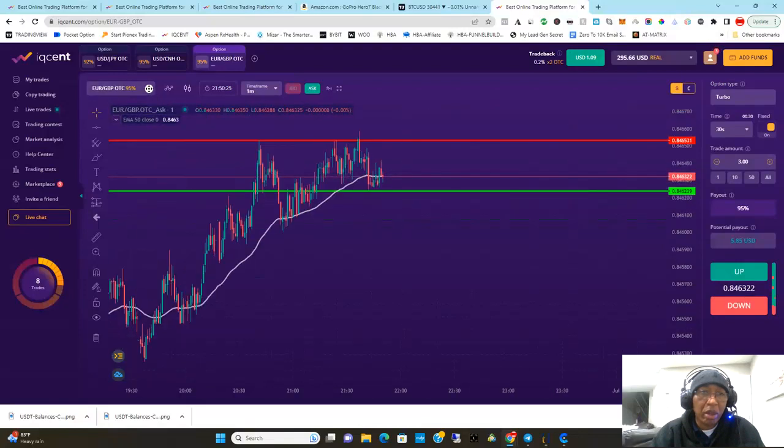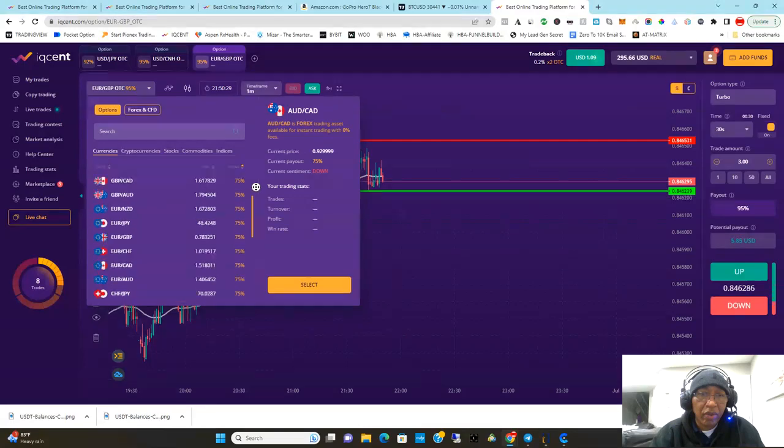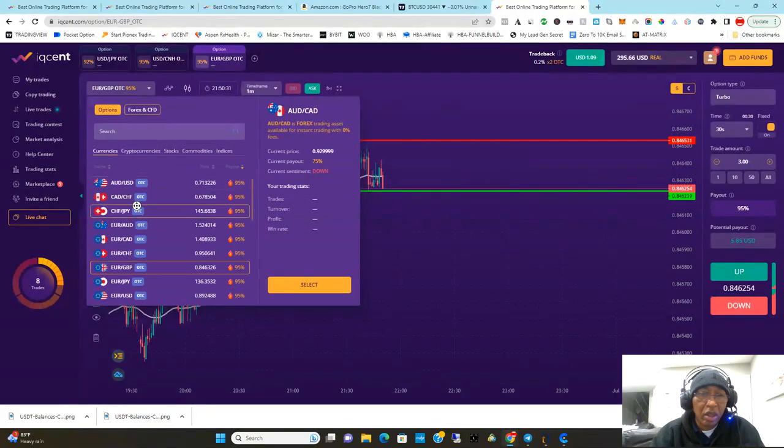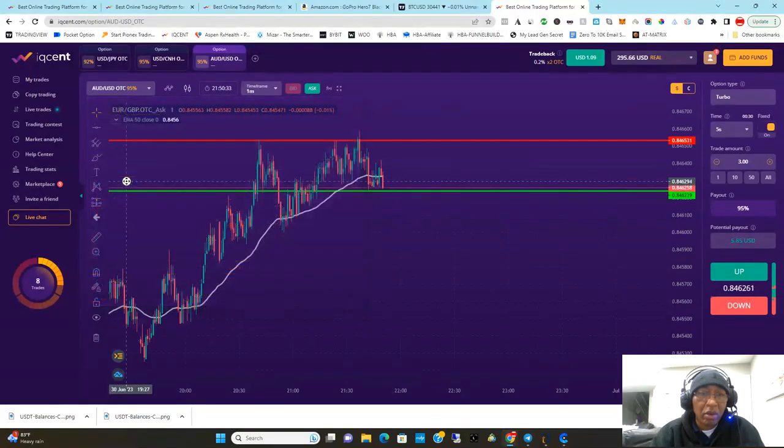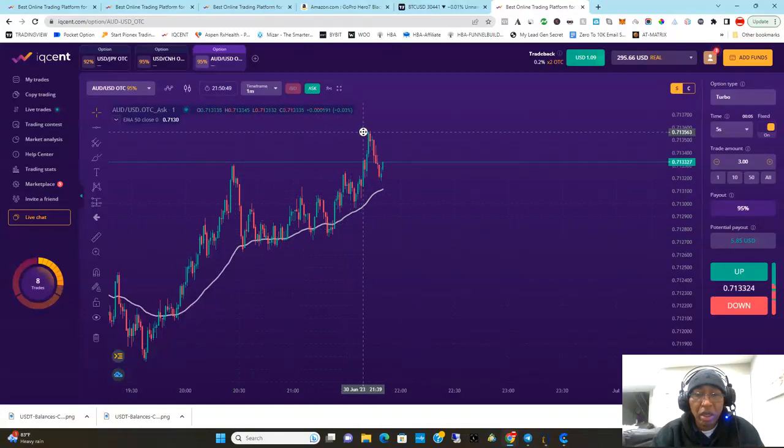We can check other pairs. Let's see. Let's look at that one, AUD USD. That one. Okay, the candles. This cross was here, and the highest point was that.